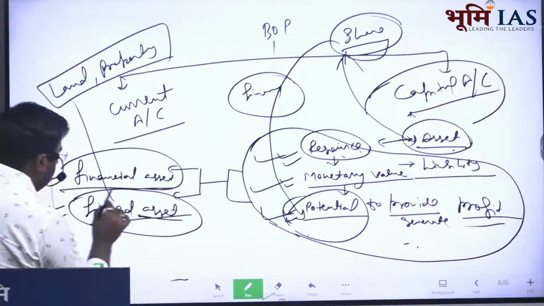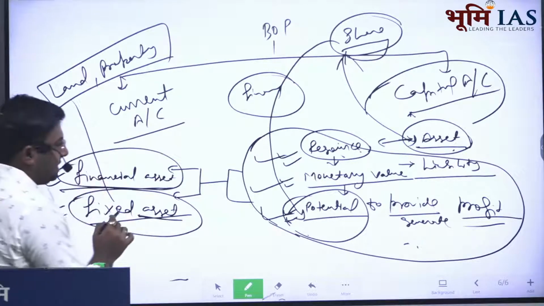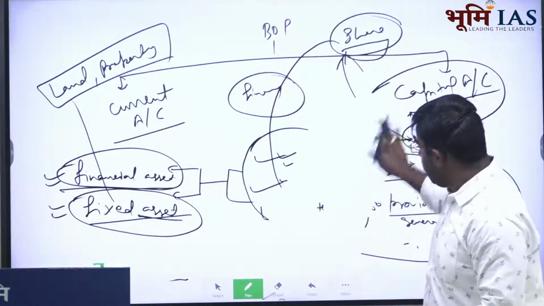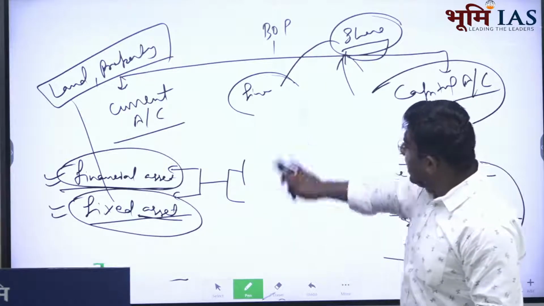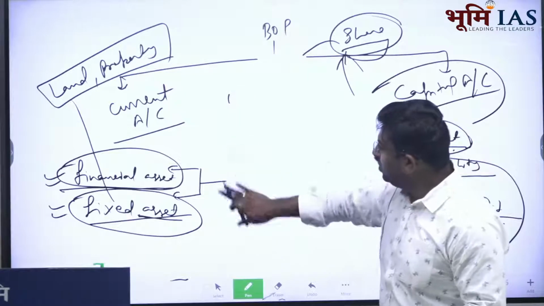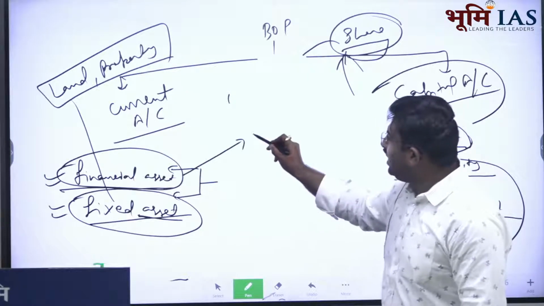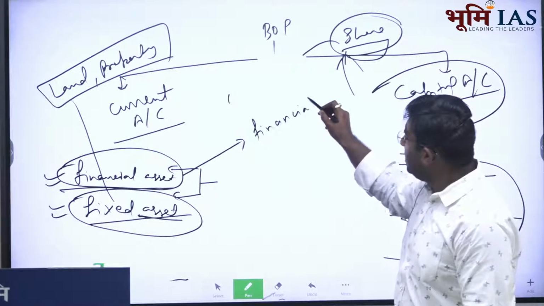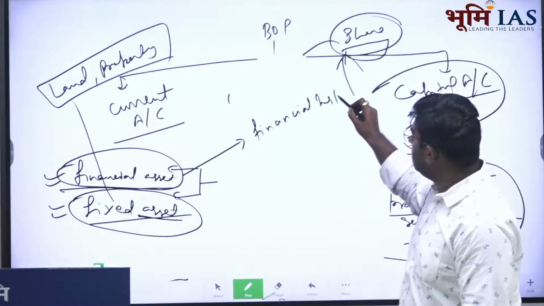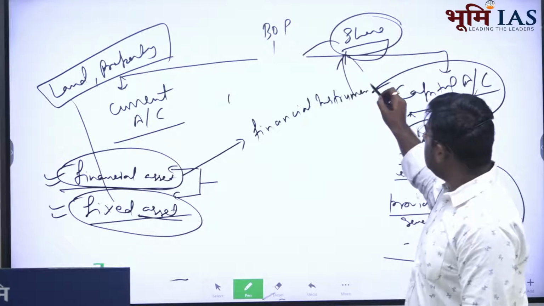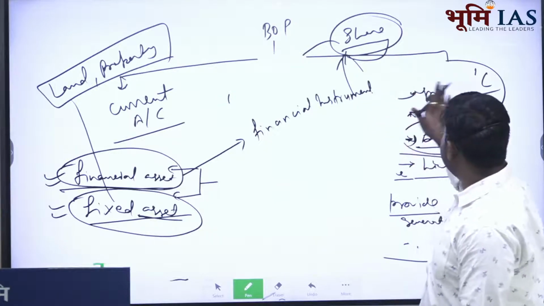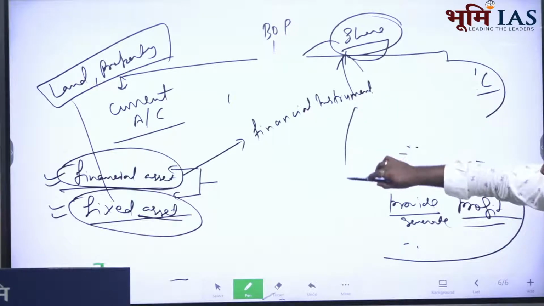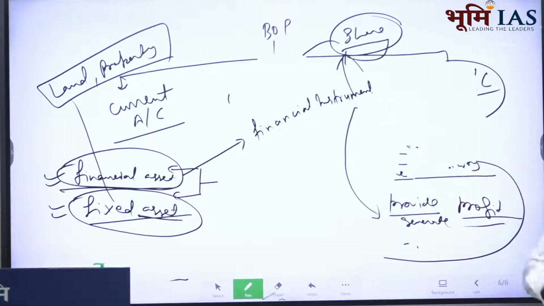Now, the second category is financial asset. This is a little bit typical. Financial asset refers to any type of financial instrument which has potential to provide profit.